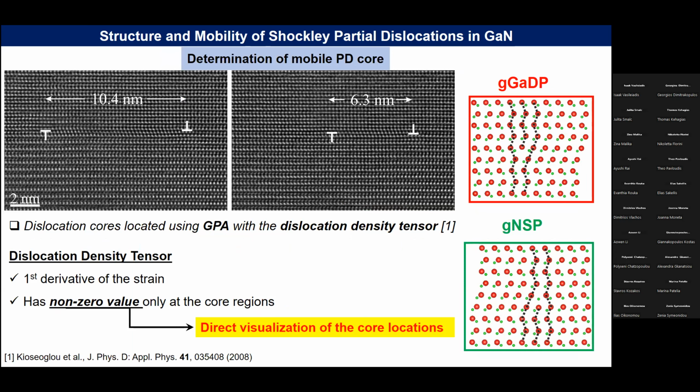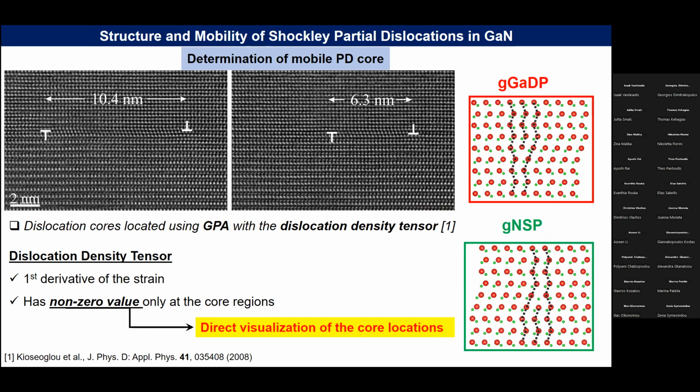Actually, the images obtained at different times were aligned, and then we used the dislocation density tensor in order to locate the positions of the cores.